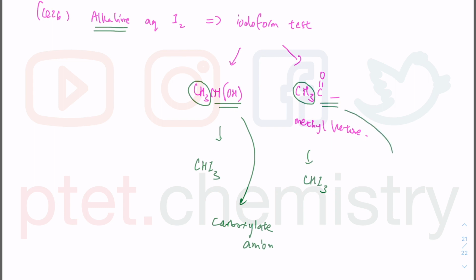So this thing will become carboxylate anion as well. You lose one carbon, and it is this thing that is the yellow precipitate, triiodomethane. Triiodomethane has another name, it is called iodoform.